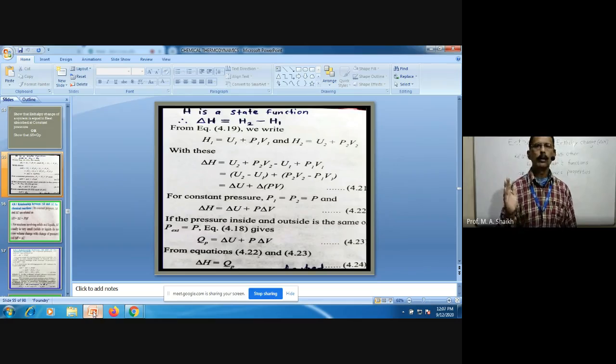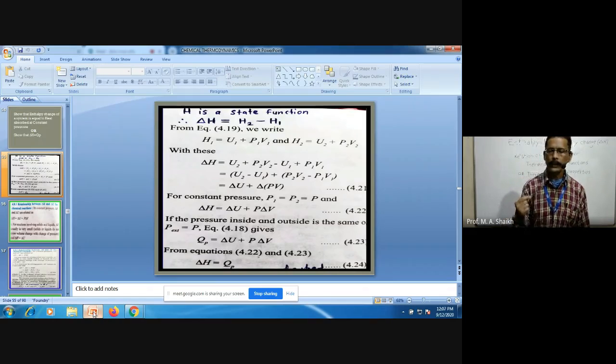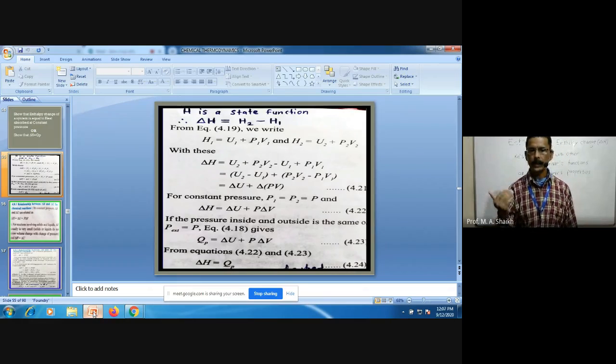And according to the isobaric process, QP is equal to delta U plus P delta V. When inside and outside pressures are same, when the pressure of gas is equal to external opposing pressure, or when P is equal to P external, that time QP is equal to delta U plus P delta V. See the previous part, you will understand. Suppose this is equation number 4.23.